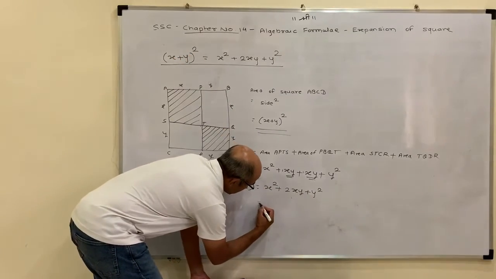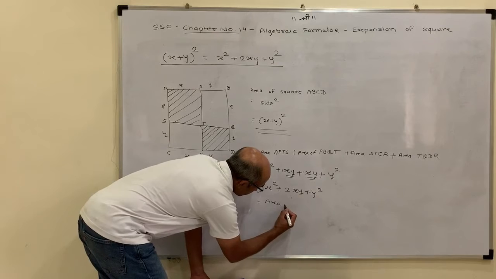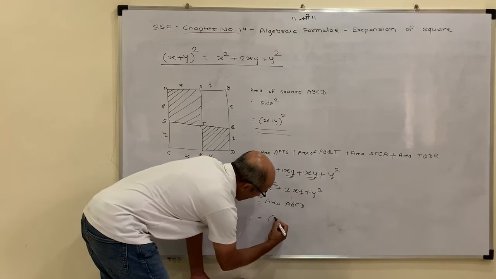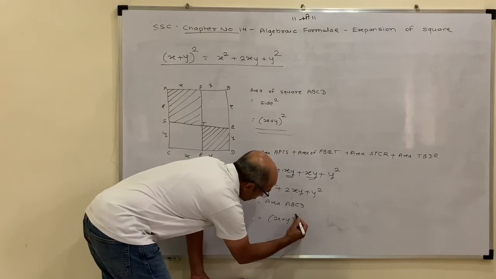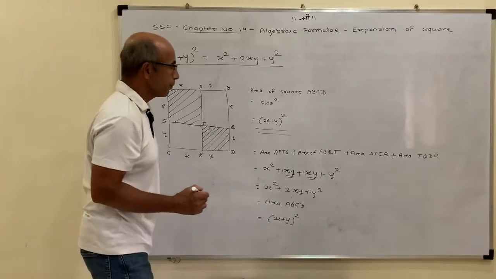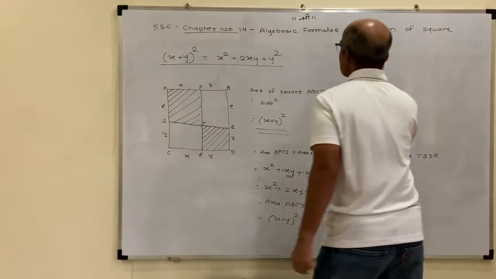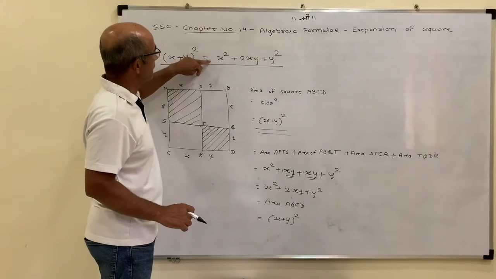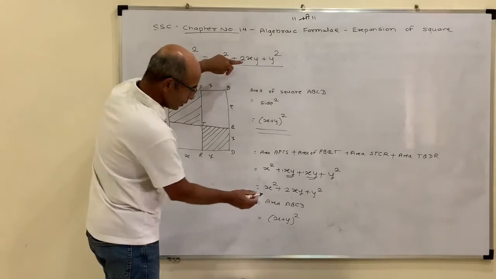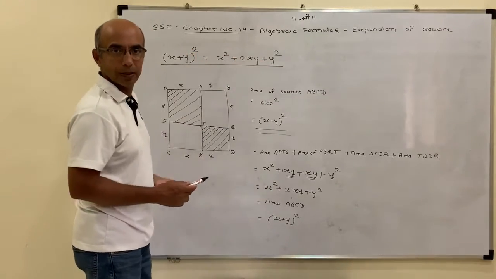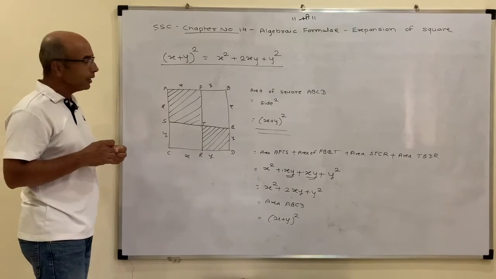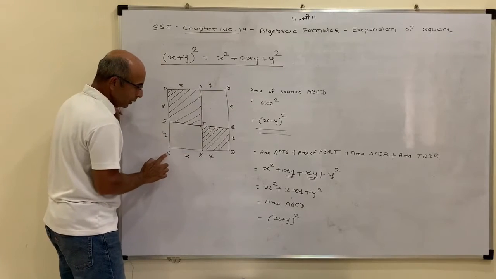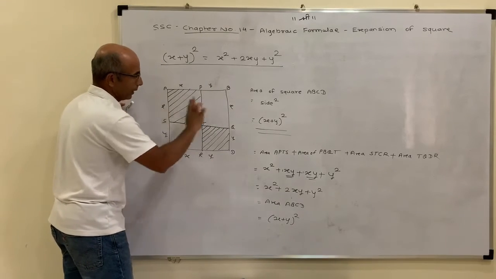So this is equal to the area of ABCD, that is equal to (x plus y) square. Therefore we can say (x plus y) square is equal to x square plus 2xy plus y square.